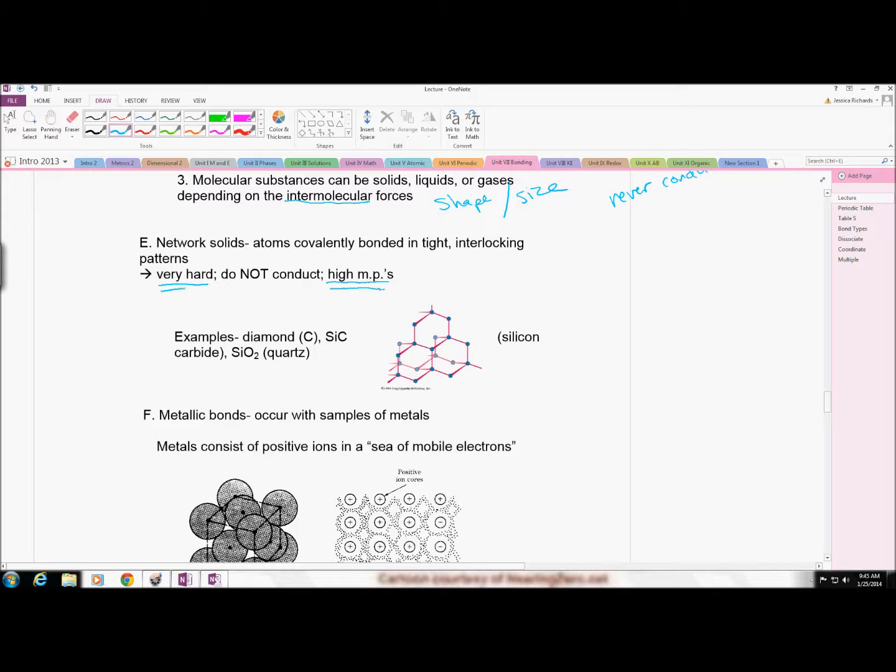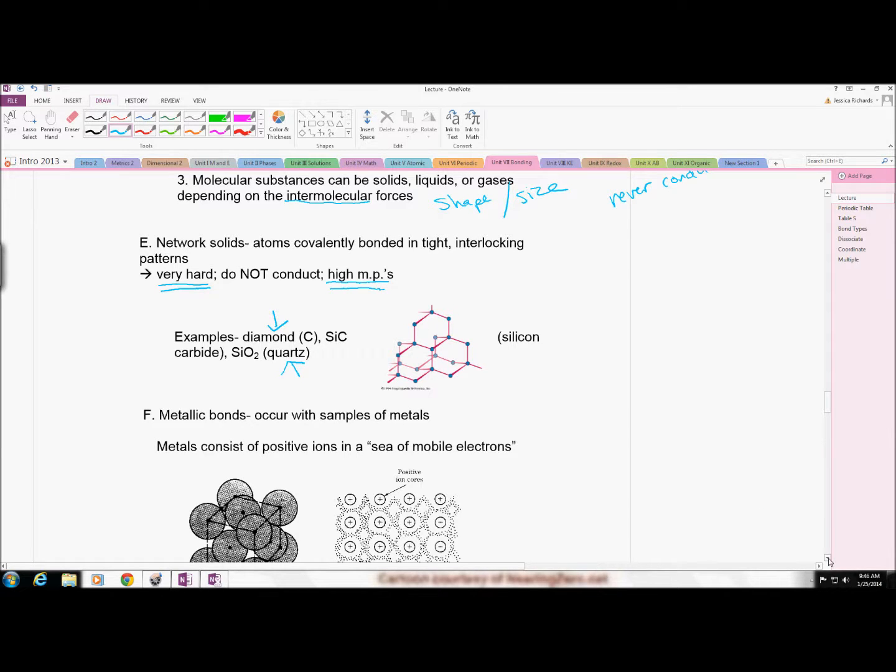So normal covalent substances are soft with low melting points. Network solids are very hard with very high melting points. Diamond and quartz are your two big examples. Silicon carbide would also be a network solid, but diamond and quartz are the two big ones.